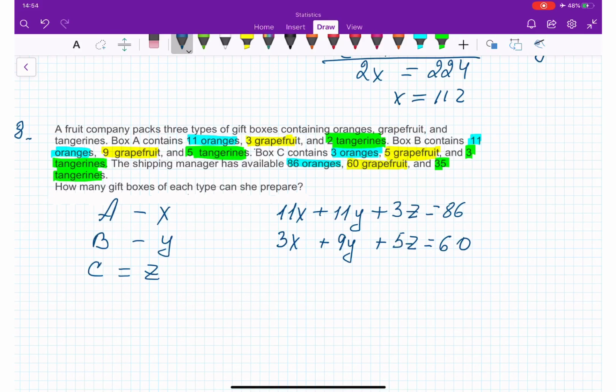Next, 2 tangerines for box A, plus 5 tangerines for box B, and 3 tangerines for box C, and that all is equal to 35. So we got a system of equations with 3 variables. This is first one, second one, third one.